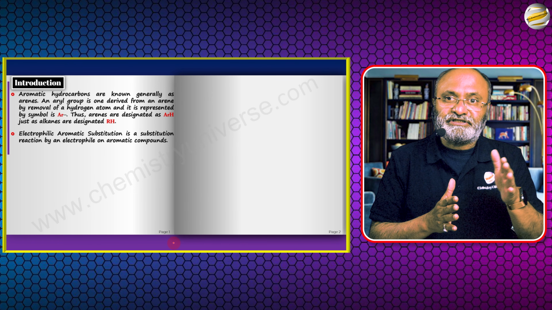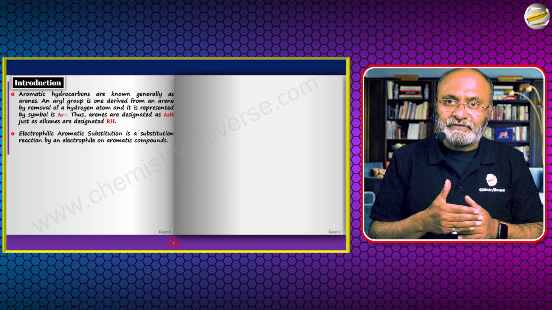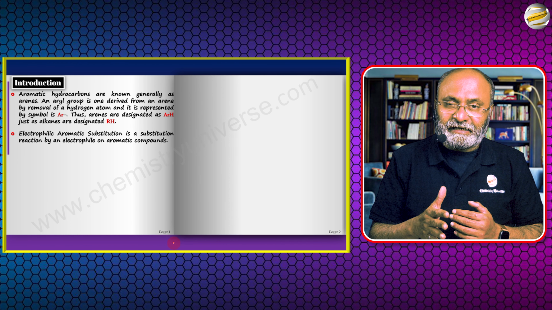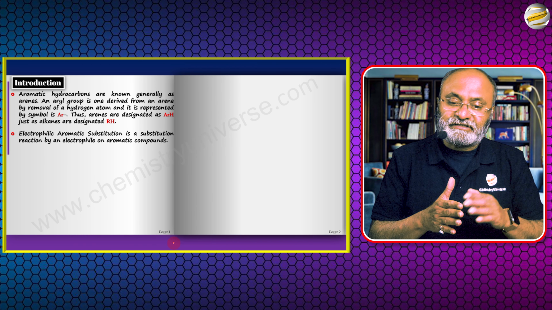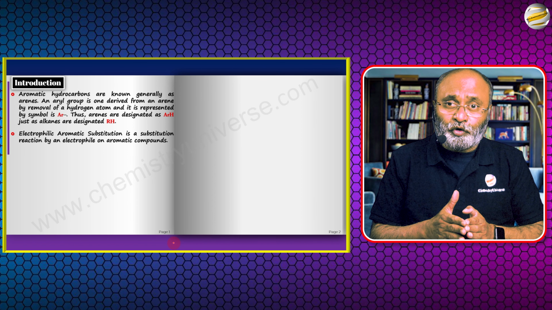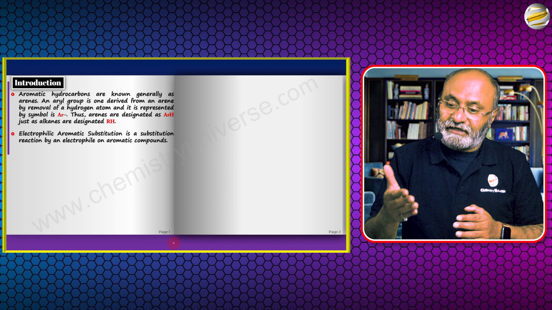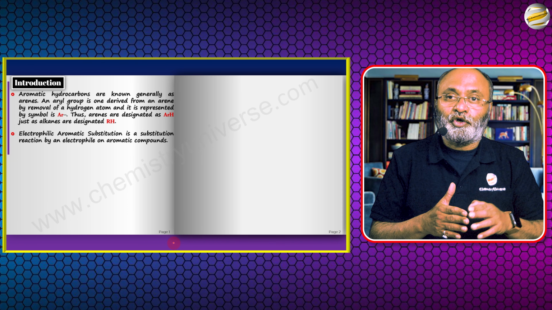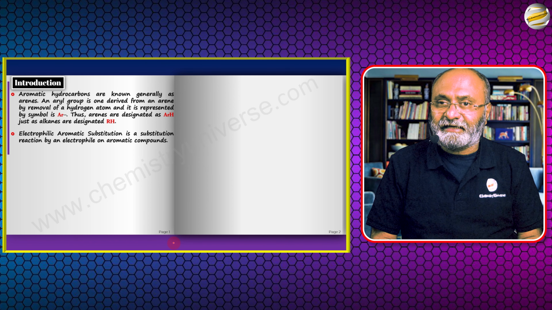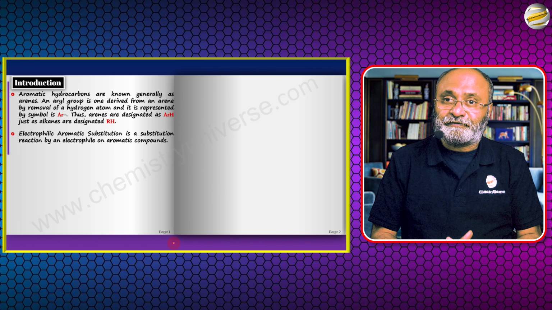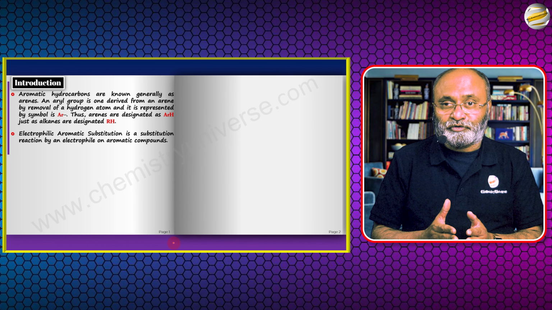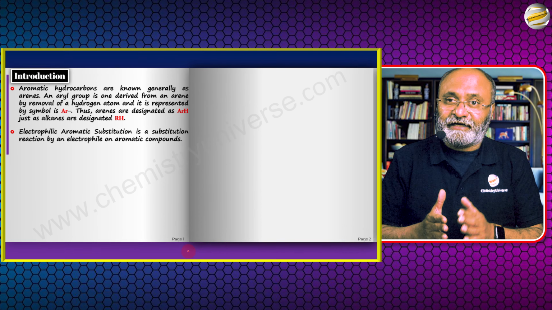Substitution means that something comes and a similar species goes out. Please understand, substitution is not that something comes and something goes. Something comes as an electrophile and something goes as an electrophile. Something comes as a nucleophile and something goes as a nucleophile. Just as we saw in the case of alkyl halides, we talked about nucleophilic substitution, where a nucleophile came and a nucleophile went. Here we are talking about aromatic substitution, where an electrophile comes and an electrophile leaves.